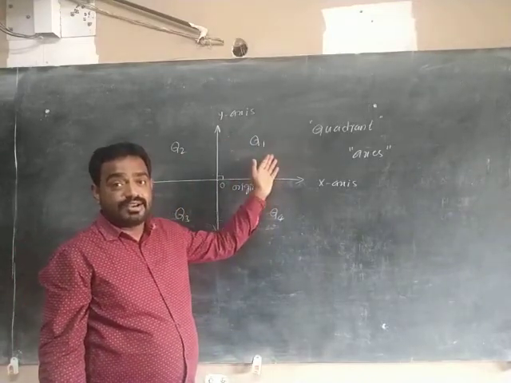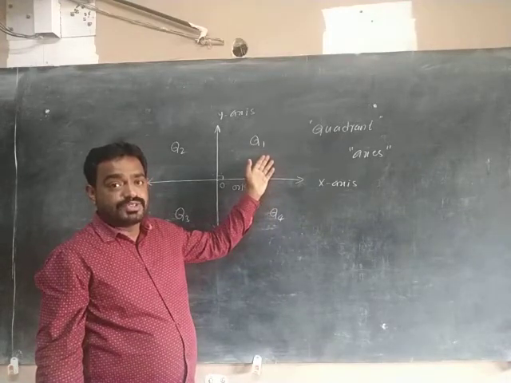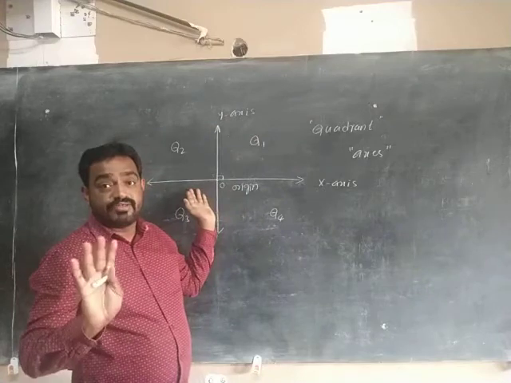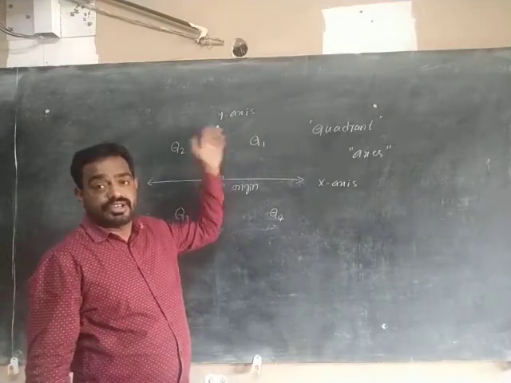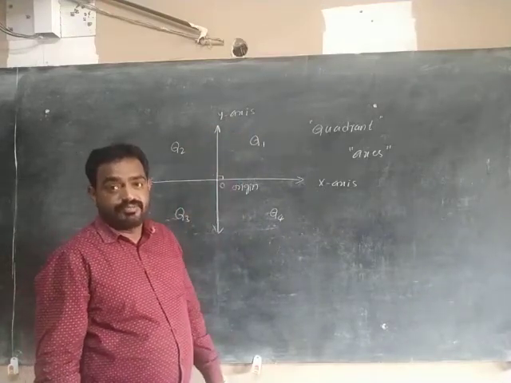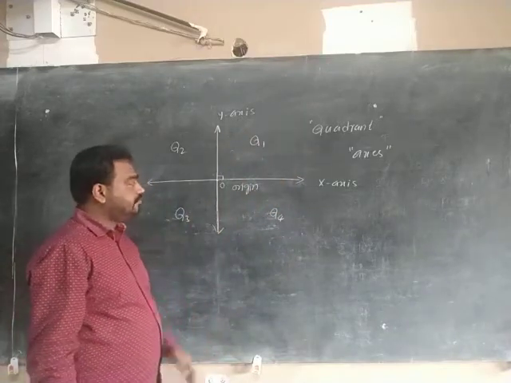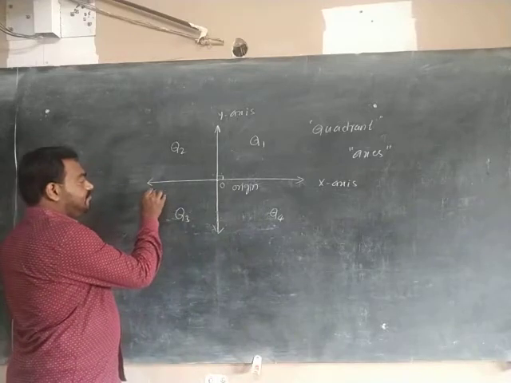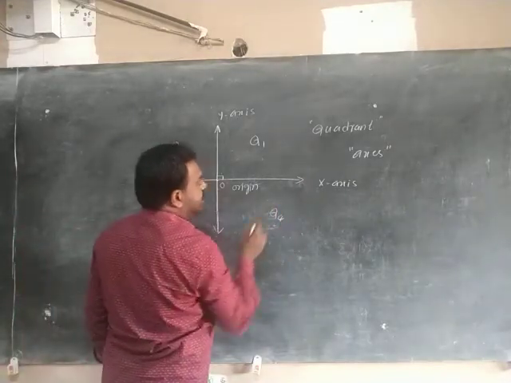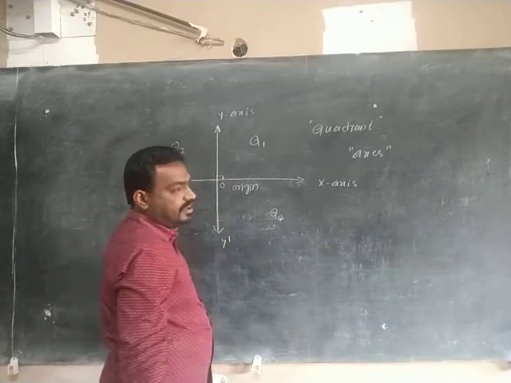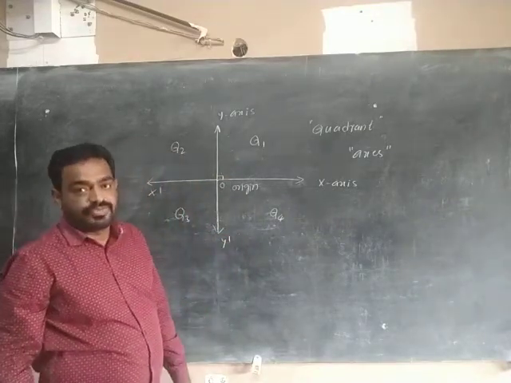The quadrants we count in the anti-clockwise direction, not the clockwise direction. Okay, this is the quadrant. You see here, x axis is the horizontal line, y dash is the vertical line.